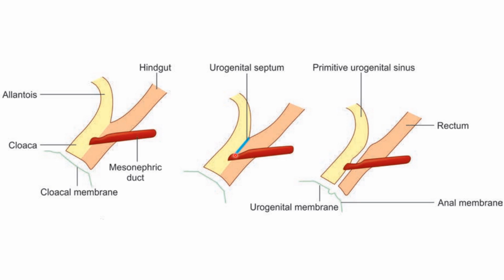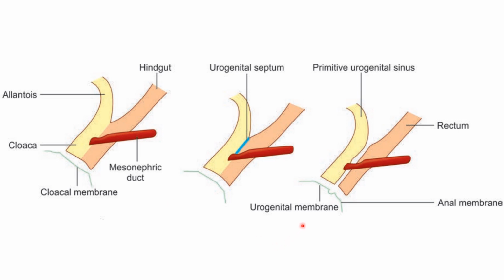As the urorectal septum reaches the cloacal membrane, it divides this membrane into an anterior urogenital membrane and a posterior anal membrane. And because of this development of the urorectal or urogenital septum, we have the anteriorly or ventrally lying urogenital sinus and posteriorly lying primitive hindgut.